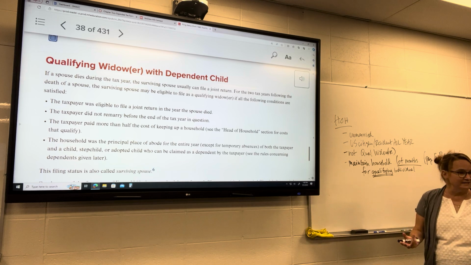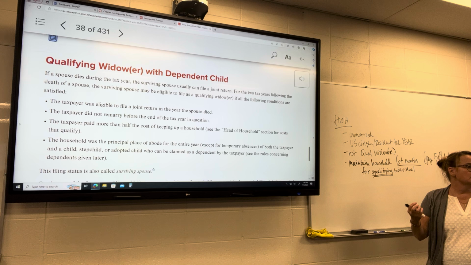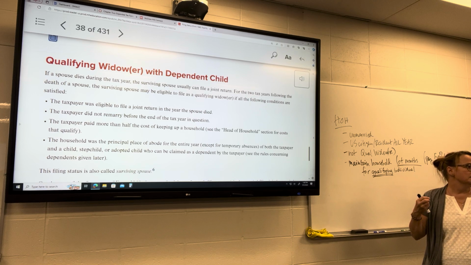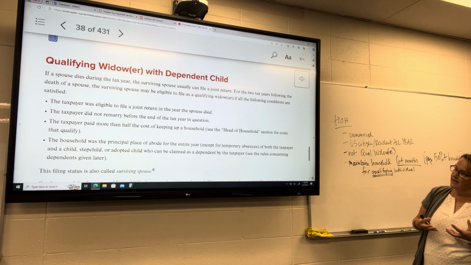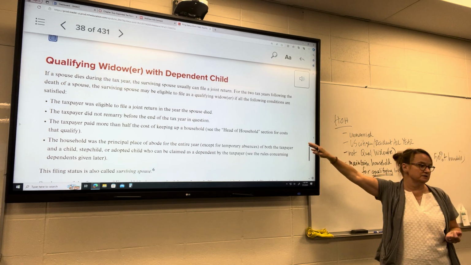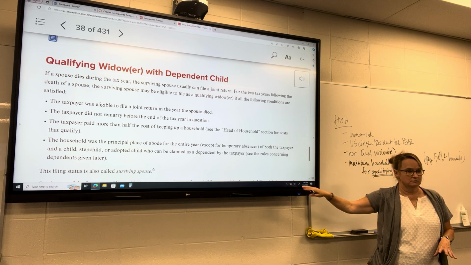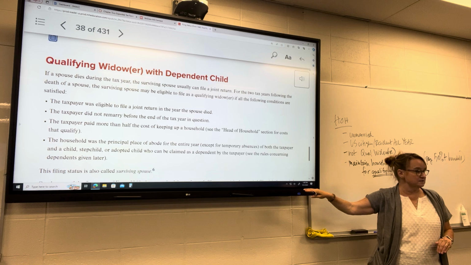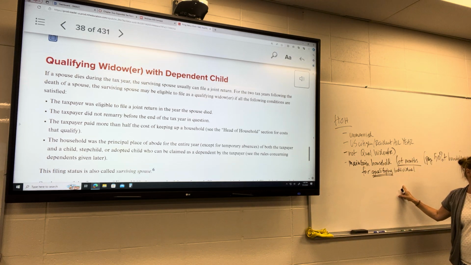So it's not a relative, like it can't be your cousin. Even if you are supporting your cousin, then that cousin would not be considered a dependent child for the qualifying widow or widower filing status. They might be qualifying though under head of household, right?